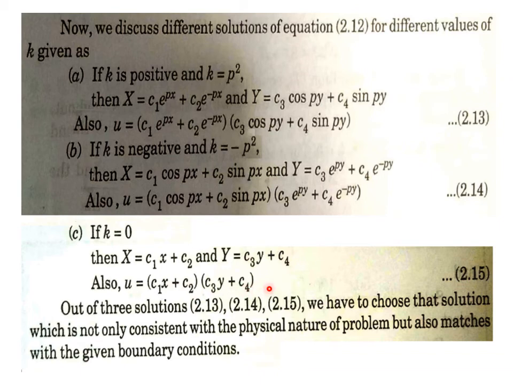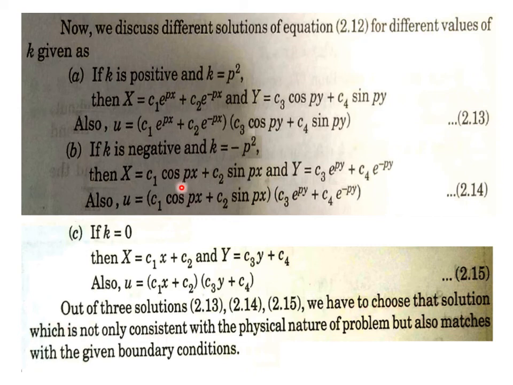And for the given Laplace equation, there is no direct physical situation so that we can say which solution is better in comparison to the others. That's why the three lines written at the end of this slide are important. Out of the three solutions, 2.13, 2.14, 2.15, which one is to be picked for solving a particular problem based over the two-dimensional Laplace equation?